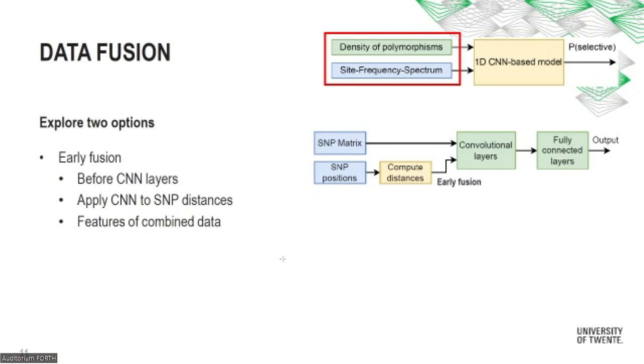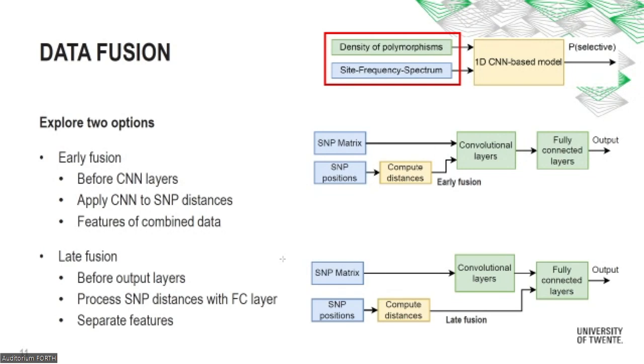And that way the model is able to combine the features to maybe find more information about the selective sweeps. And the other way is late fusion, where we actually process the SNP matrix separately first, and then at the end of the network we add the SNP distances as additional inputs to the fully connected layer.